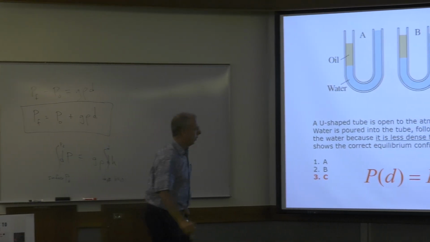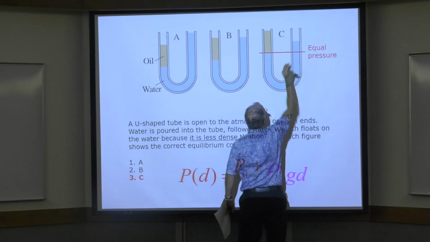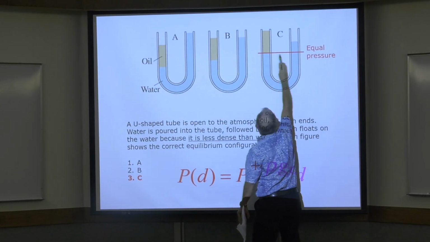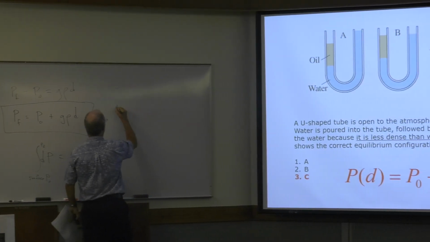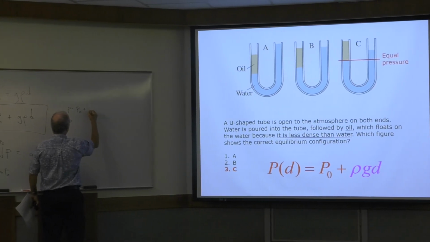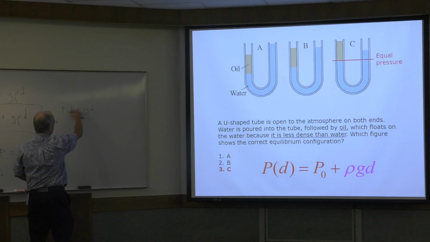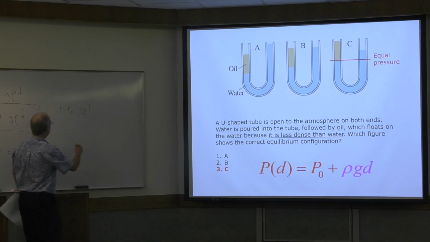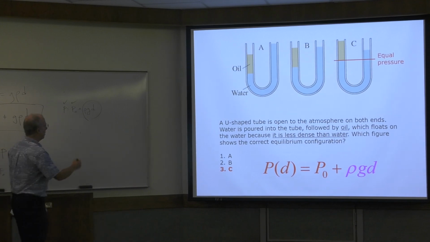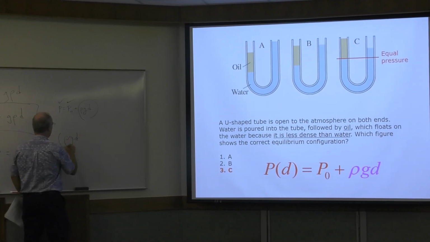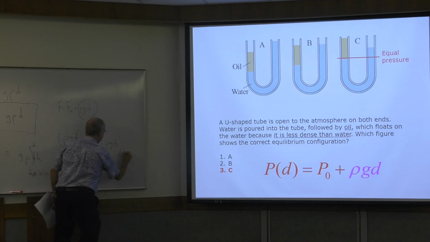Okay, so atmospheric pressure is the same, right? Both here and here. And the pressures here are the same. So on the left, we have pressure equals P0 plus rho g d, right? This is true along that horizontal line. Well, this is the same, that's the same, so this has to be the same, right? So we have rho g d oil equals rho g d water.